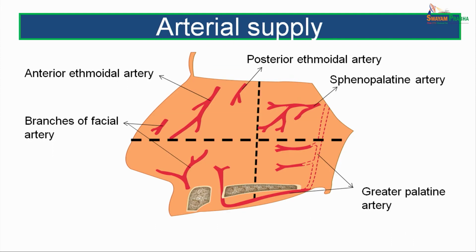Let us now go on to see the arterial supply of the lateral wall of the nose. To study the arterial supply, we can divide the lateral wall of the nose into 4 quadrants with the help of one vertical line and a horizontal line. These quadrants would then be the antero-superior quadrant, the antero-inferior quadrant, the postero-superior quadrant and the postero-inferior quadrant.